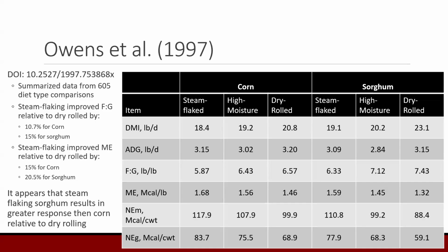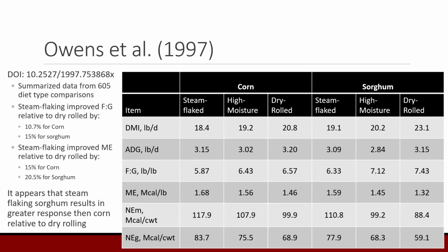Steam flaked improved ME, so metabolizable energy, relative to dry rolled by 15% for corn and 20.5% for sorghum. Okay, and I've already said this, but as you go from dry rolled to high moisture to steam flaked, you see dry matter intake decreasing.